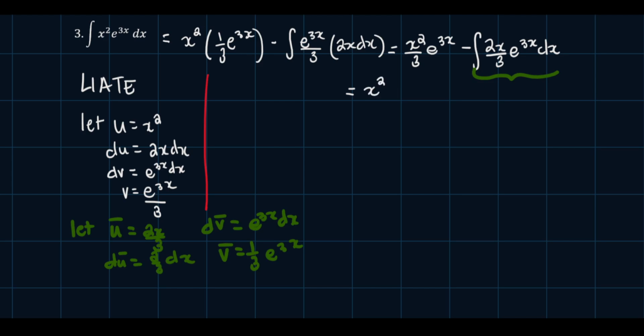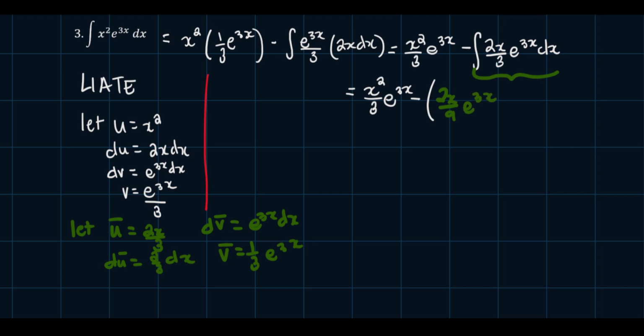Okay, so x squared over 3 e raised to 3x minus, this time, mag-a-apply na integration by parts pero sa u bar saka sa v bar. So we have 2x over 9 times e raised to 3x.